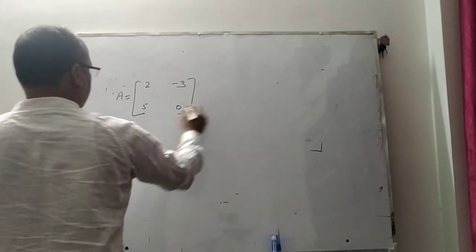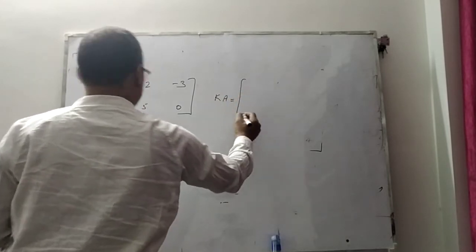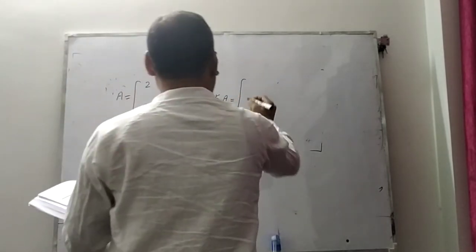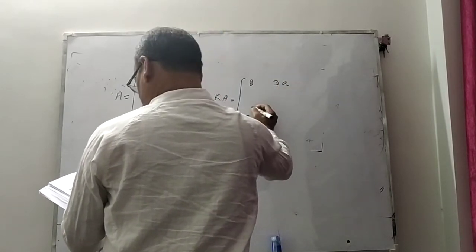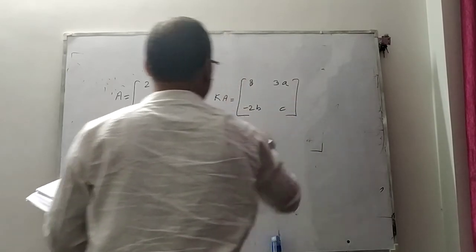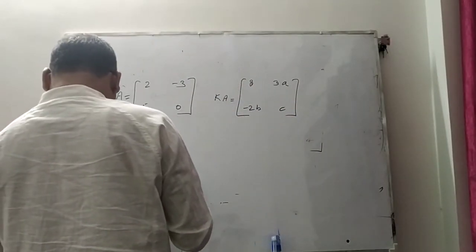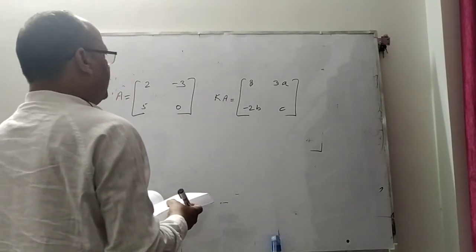Ka, K is multiplied to this matrix. Now it is 8, 3A minus 2B and C. Then find the value of K, A, B, C.